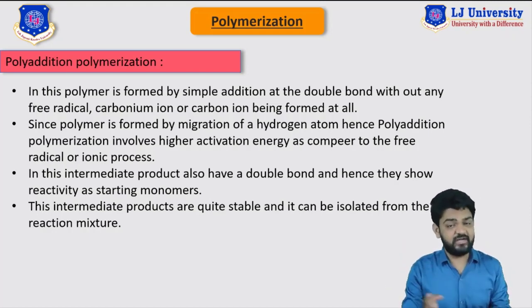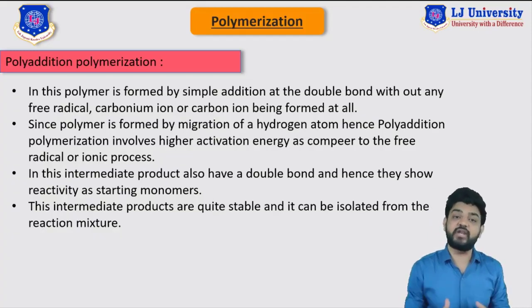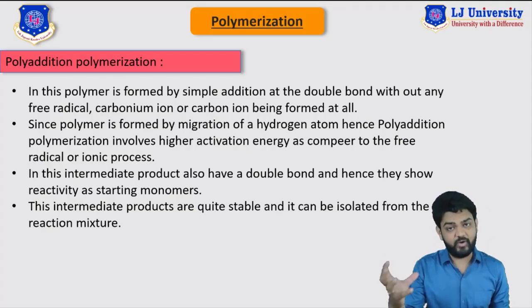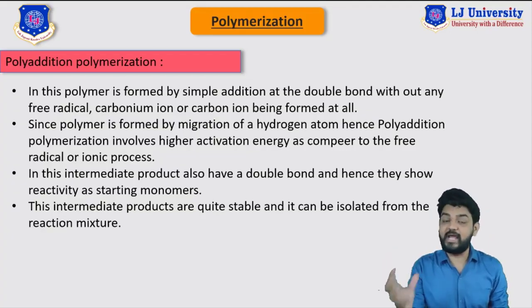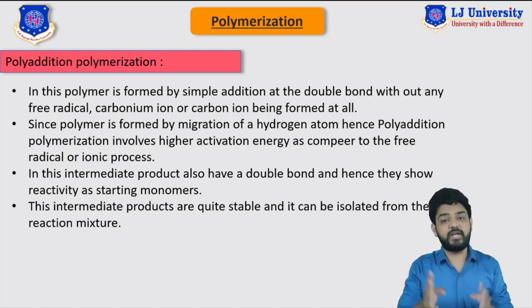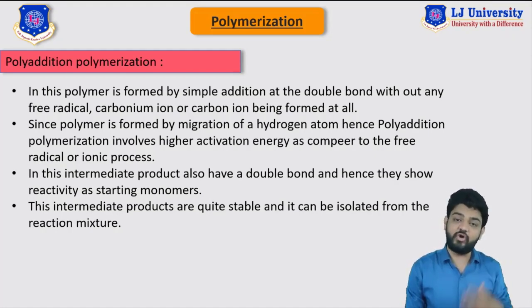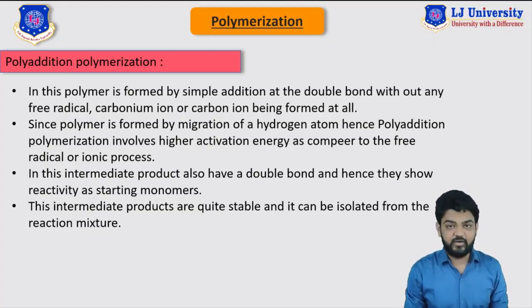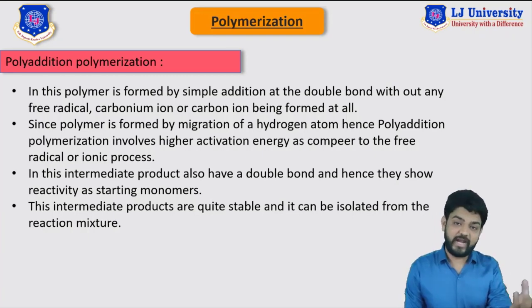So it is not that difficult to understand that this process will require a higher amount of activation energy, because we have to remove one atom of hydrogen from one substance and add the same atom into another substance, right? So this ultimately requires some higher amount of energy, and that we call the activation energy. So to break this activation barrier, we require a higher amount of energy. So this energy is higher than what we require in the free radical or in the ionic polymerization technique that we have understood in the chain polymerization, right?